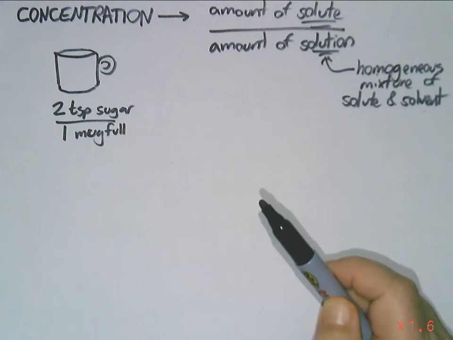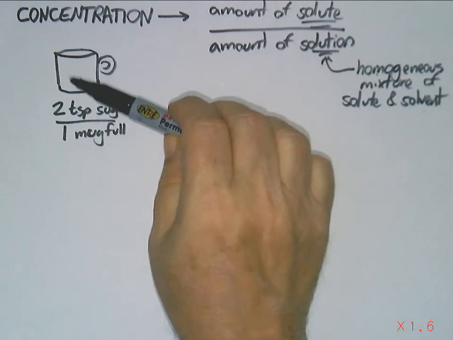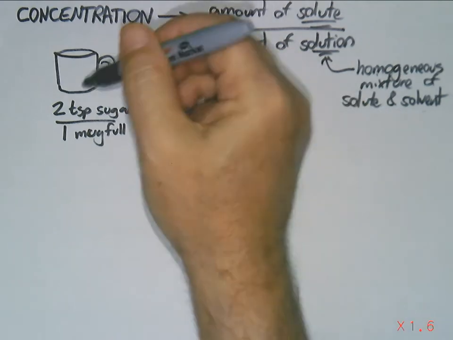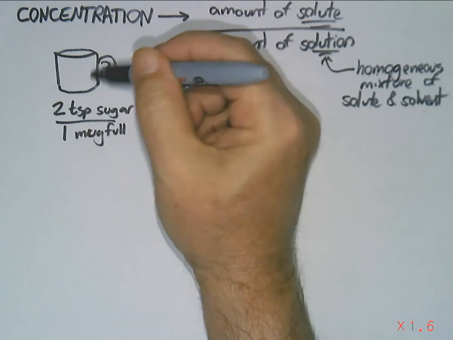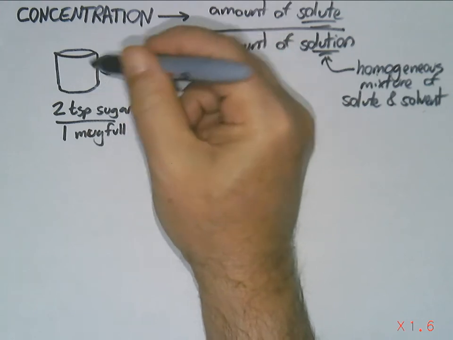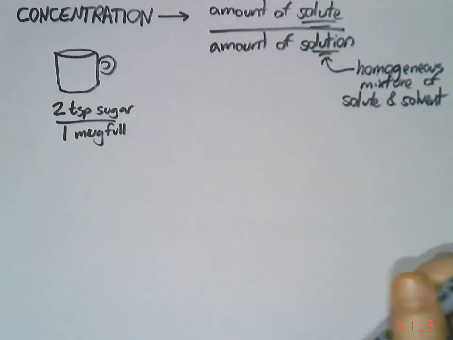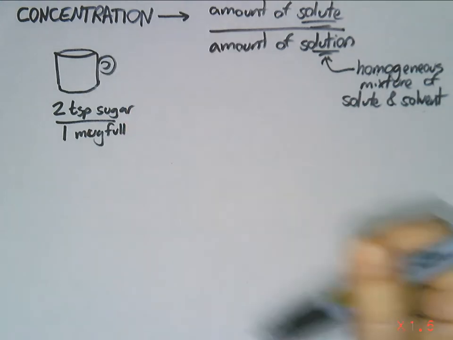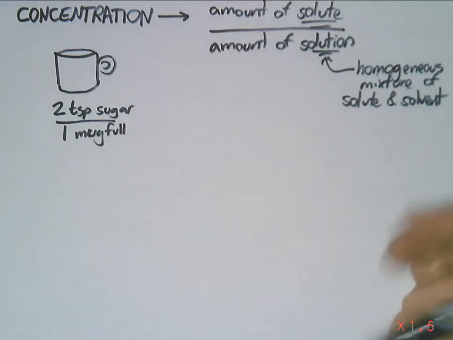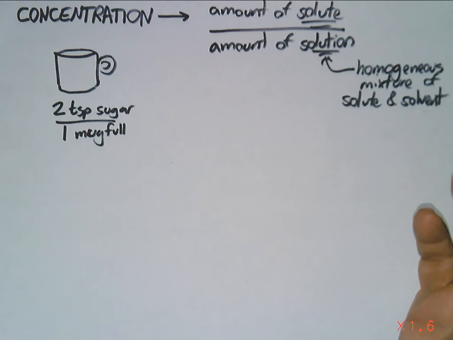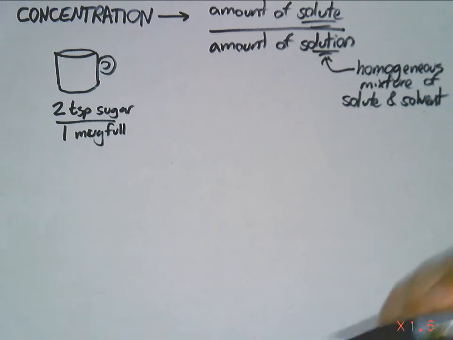So when you talk about solutions, you're talking about something that is well mixed, that is evenly mixed, so that the concentration is the same at every point. And it can happen in real life that the concentration isn't the same at every point if you don't mix well. And this will be crucial in us making solutions in a little while.